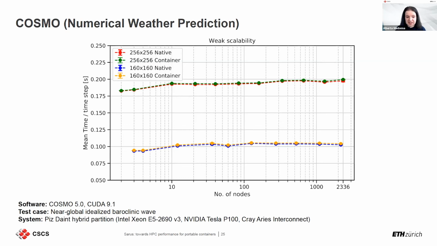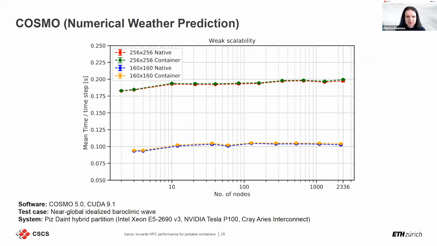The test case is a near global idealized baroclinic wave, and in this specific plot, we see the results of the weak scalability test running up to over 2,300 nodes, basically 2,336 nodes.